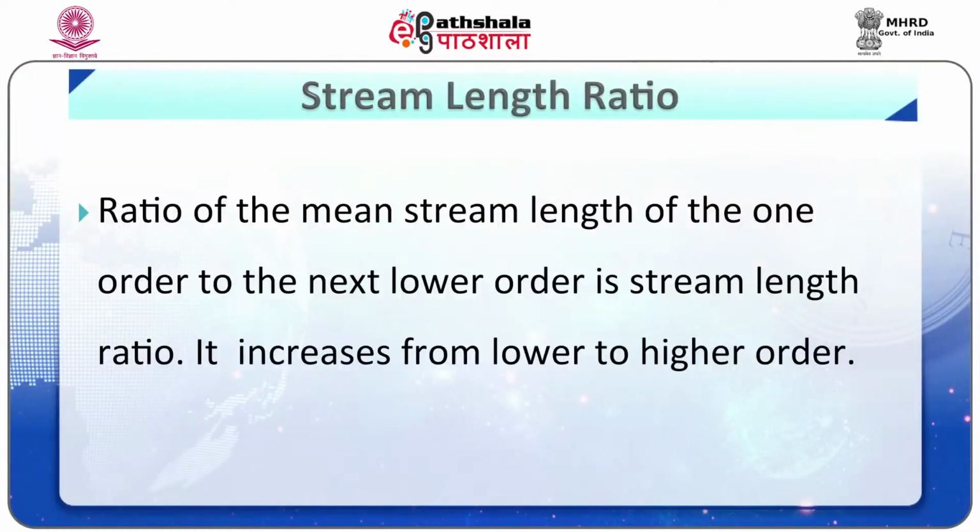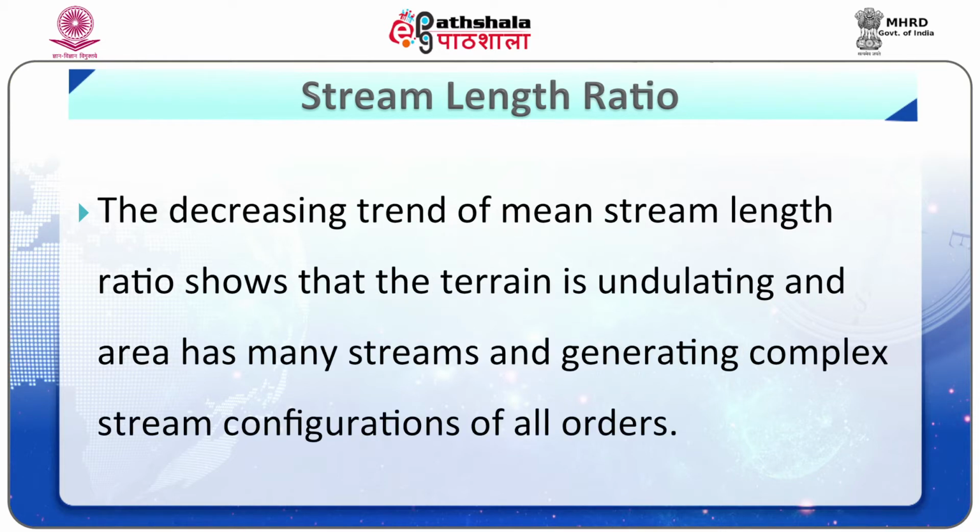Stream length ratio. The ratio of the mean stream length of one order to the next lower order is the stream length ratio. In general, this factor increases from lower to higher order. The decreasing trend of the mean stream length ratio shows that the terrain is undulating and the area has many streams generating complex stream configurations of all orders.